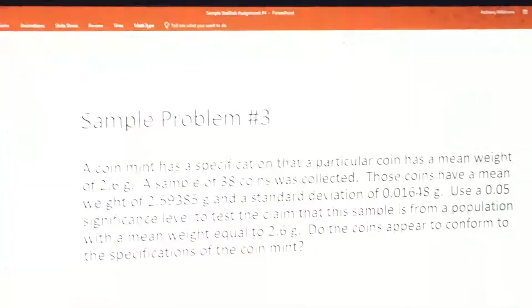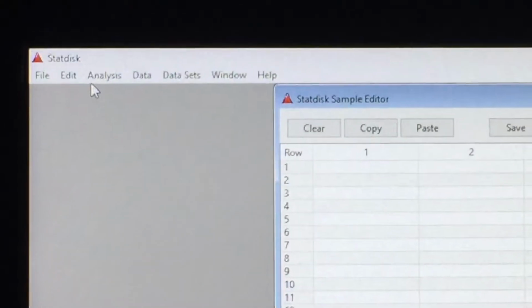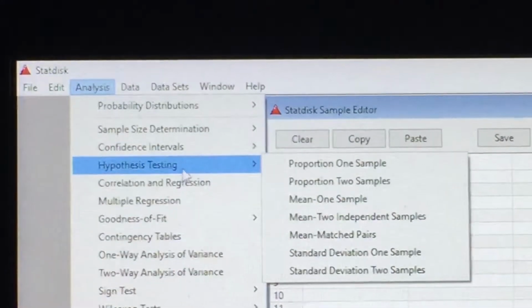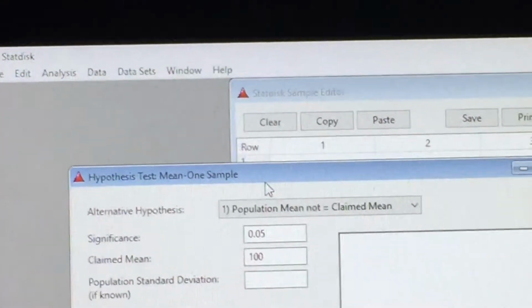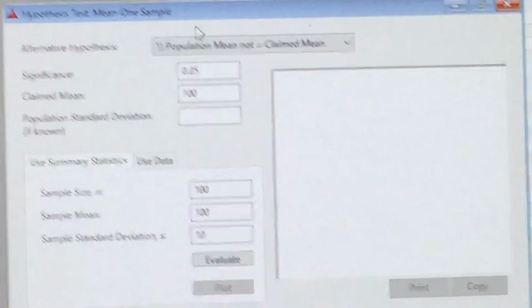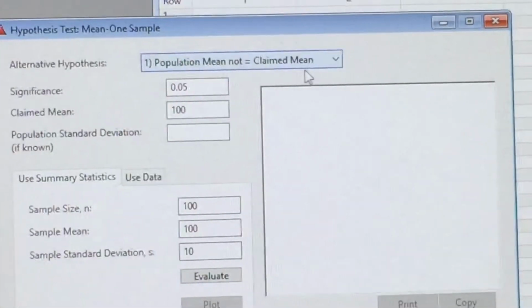Okay, so in this case, going back to StatDisk, I'm going to blow this up so you'll see where I'm going. Again, we're testing a claim about a population mean. So we go to analysis, go down to hypothesis testing, and then mean one sample. Now we're dealing with a mean weight equal to 2.6 grams.